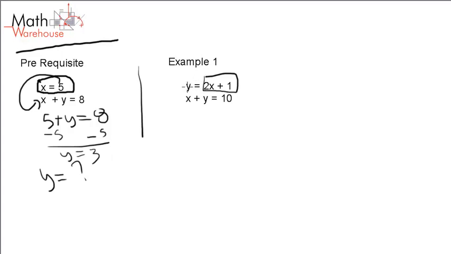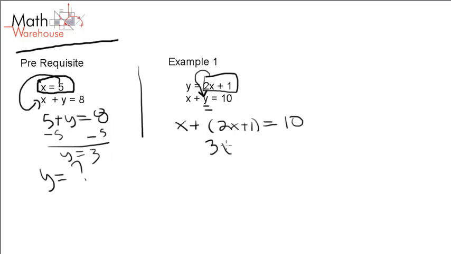They are equal. Wherever I see a y, I can put a 2x plus 1, and that's exactly what I'm going to do. Notice, here's a y, so I'm going to take this 2x plus 1, and I'm going to substitute it in there to end up with x plus, I want to think about y as 2x plus 1 equals 10. And now let's simplify and see what that does for us.